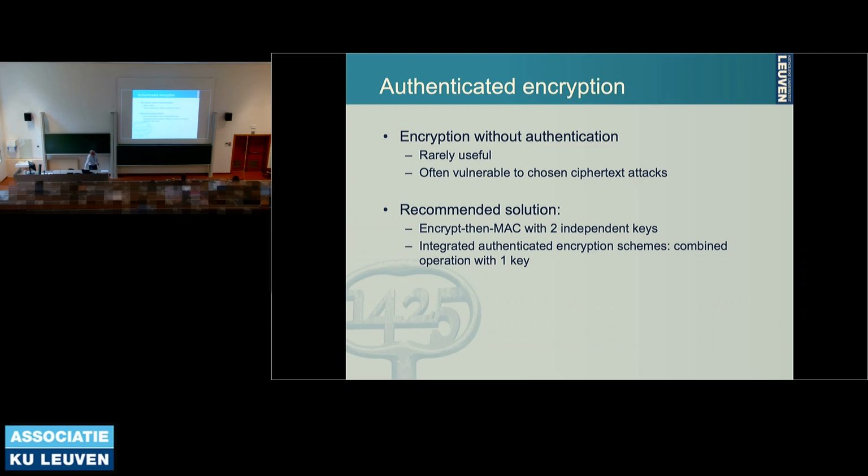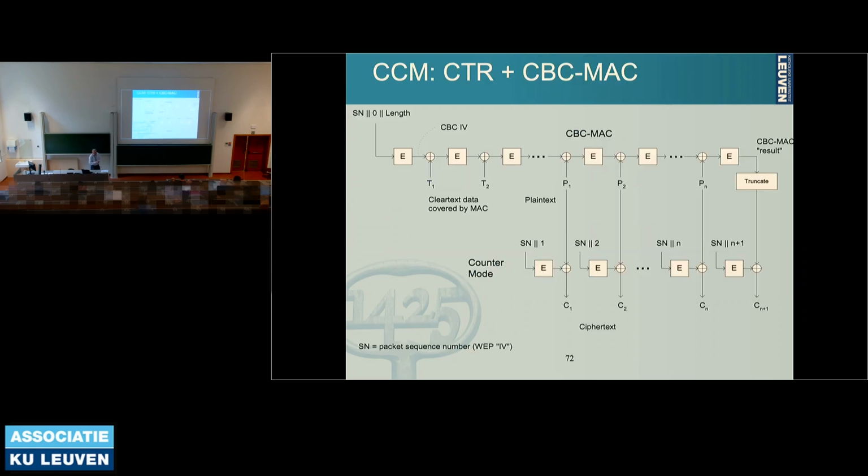So at the end of the presentation are modes of operation for block ciphers that combine encryption and authentication, because I typically want both. And so one example here is the CCM mode, and I wanted to show it to explain to you that actually you already know how it works because it's a combination of the counter mode and the CBC MAC. So we see here at the top, let's see this part, we see here the plain text blocks.